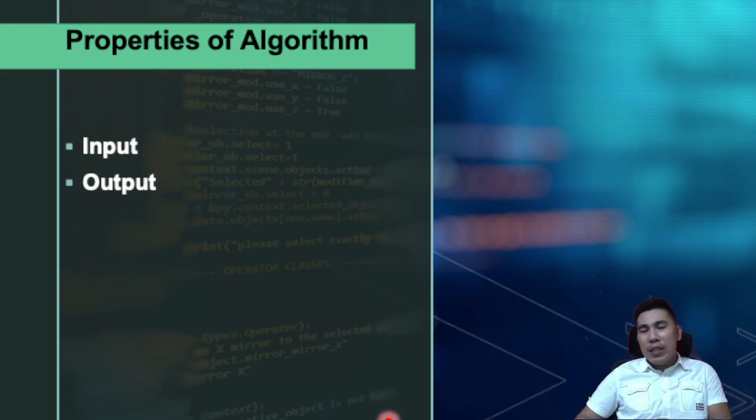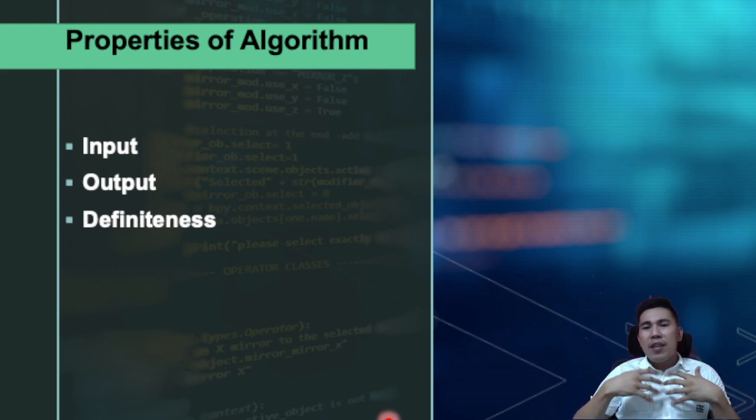There should be at least one output obtained. It can be information processed by an algorithm. Next is definiteness. When we speak of definiteness, every step of the algorithm should be clear and well defined.